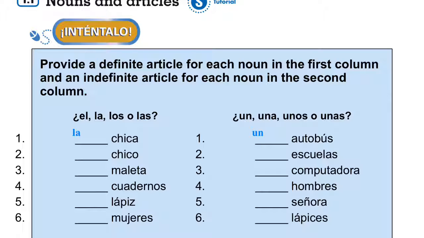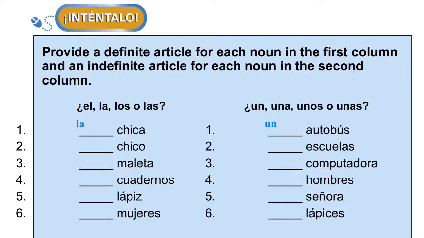I'll be making sure everyone understands this. Okay, so we have un autobús, unas escuelas, una computadora, unos hombres, una señora, unos lápices. Muy bien.